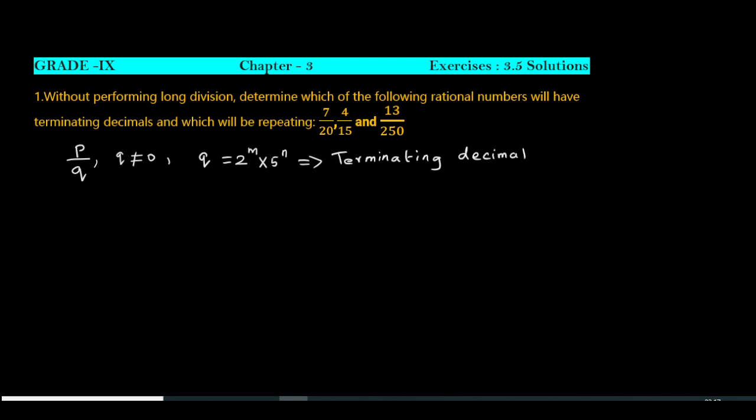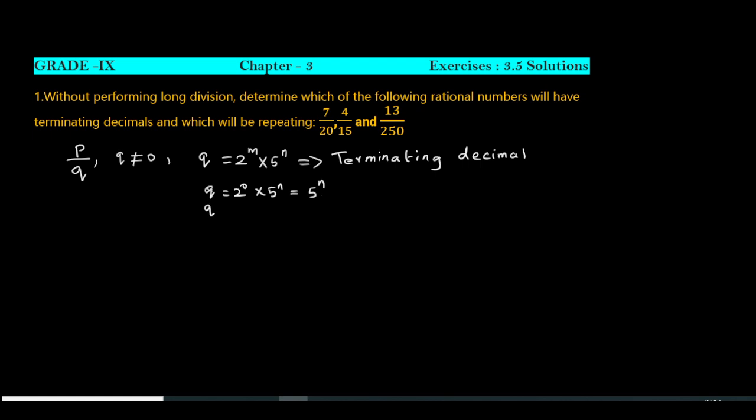Otherwise the number will be non-terminating. When the denominator is in the form of 2 power m into 5 power n, m and n are any whole numbers. If suppose 2 power 0 into 5 power n, anything power 0 is 1, so we will have only 5 power n.